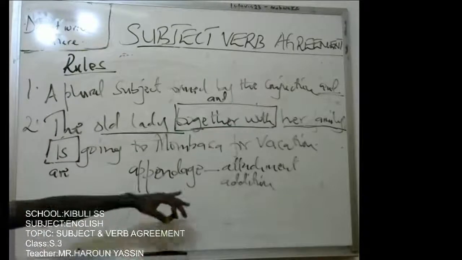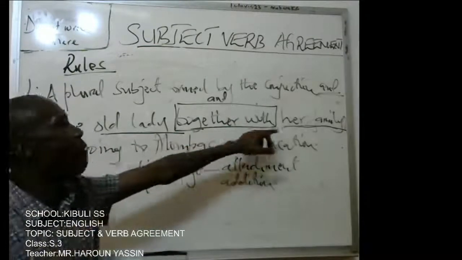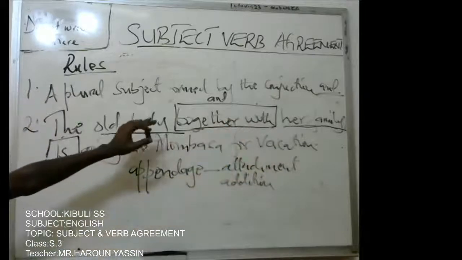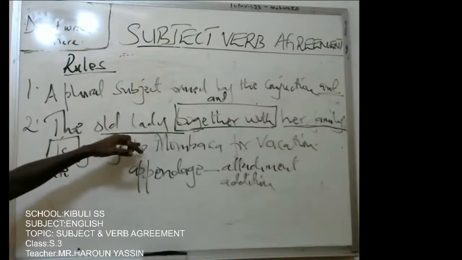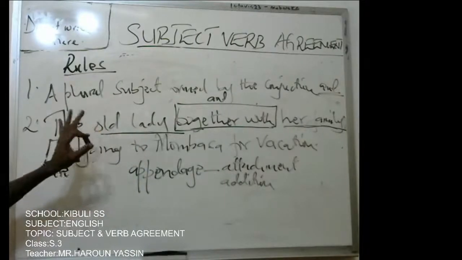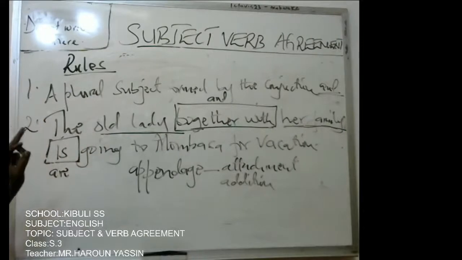And where we have an appendage, it is not main. Therefore, her family in this sentence is not main. The main thing we have, the main subject we have, is the old lady. So that means that we only have one subject in this sentence.